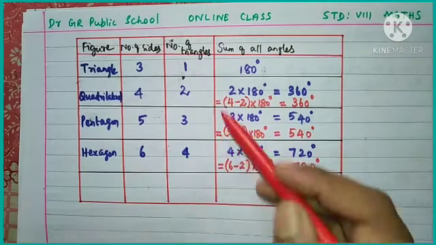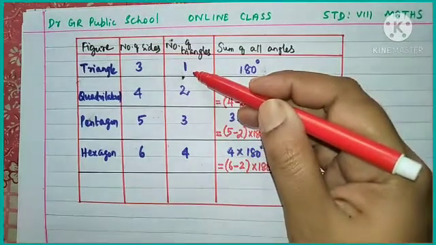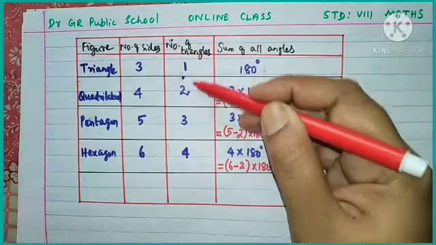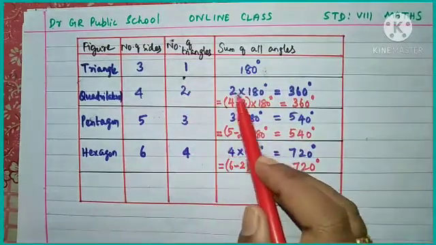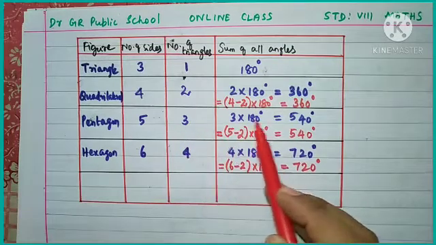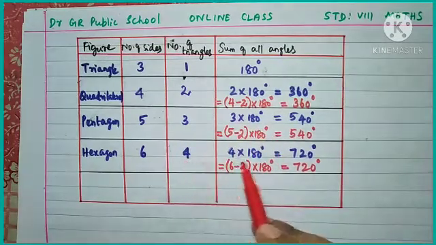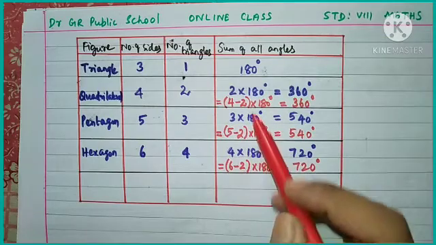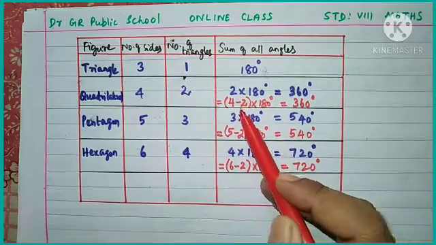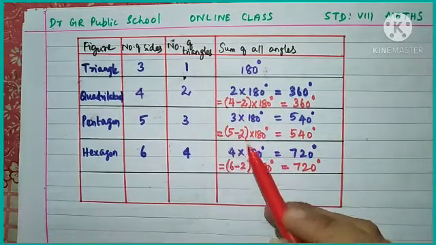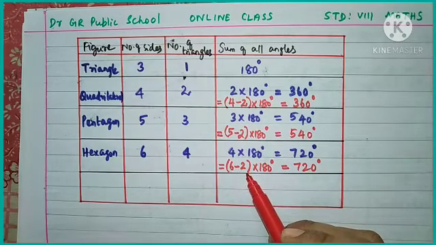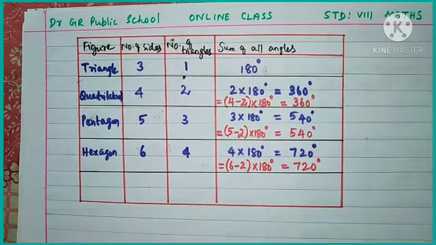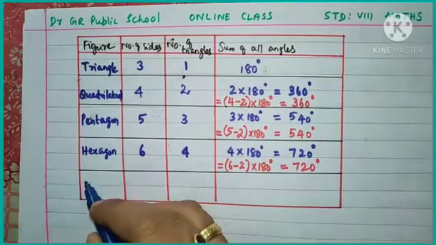So in this way, instead of 1 triangle 180 degrees, 2 triangles, so 2 into 180, 3 triangles 3 into 180, 4 triangles 4 into 180. So that 2 I wrote as 4 minus 2, 3 I wrote as 5 minus 2, and 4 I wrote as 6 minus 2.